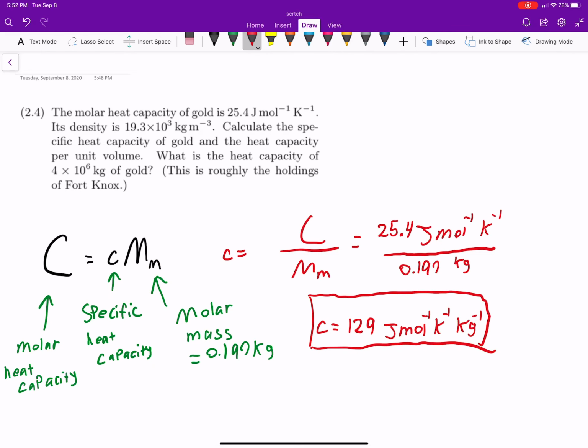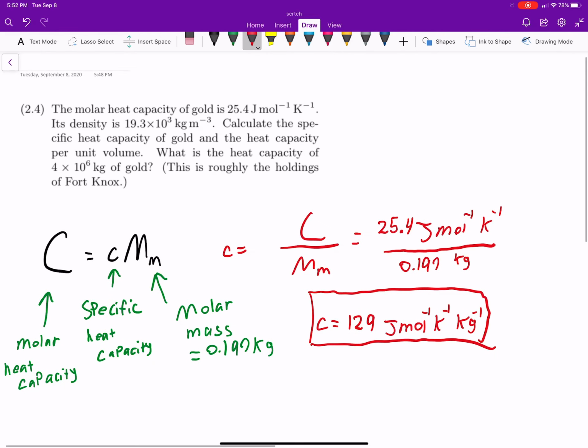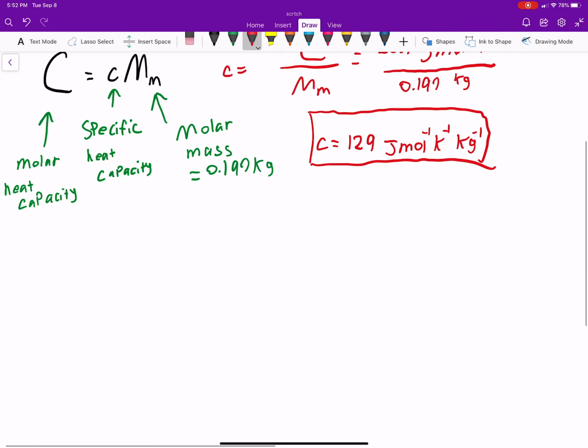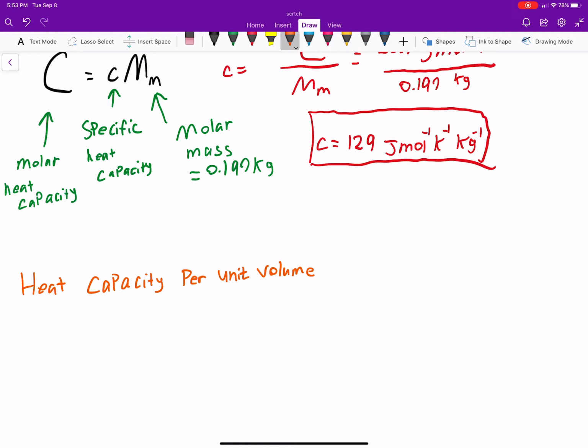Now B wants to know, I'll call it part B, to also calculate the heat capacity per unit volume. That is simply what we just found, your specific heat capacity, times the density.